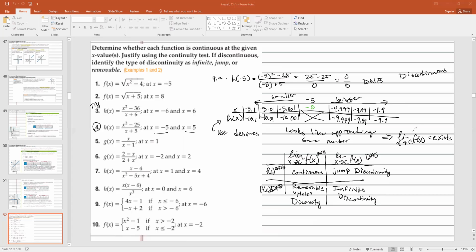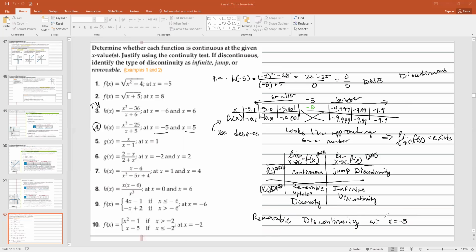Okay, so here does not exist, and here it exists, so ours is a removable discontinuity. That's discontinuity at x equals -5.